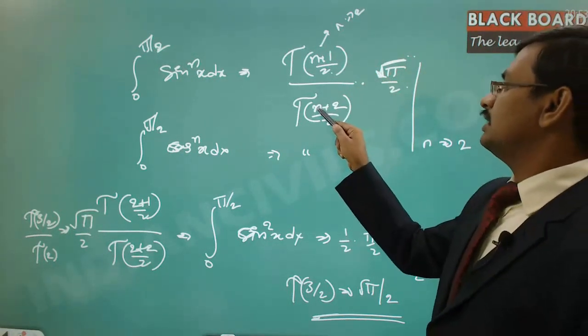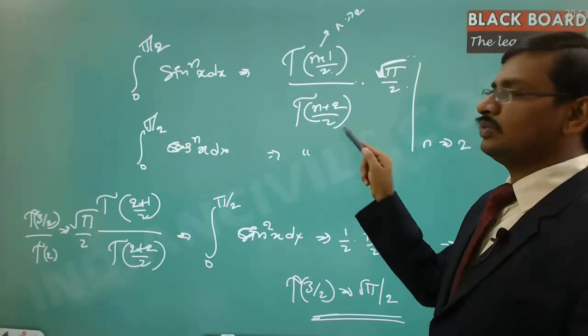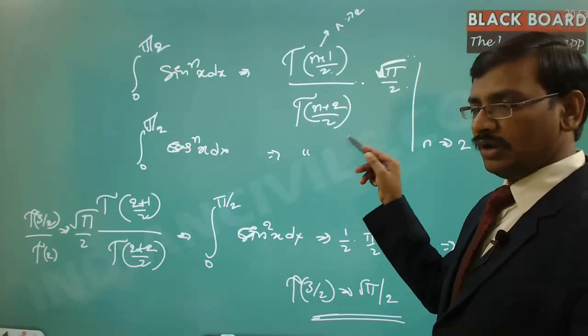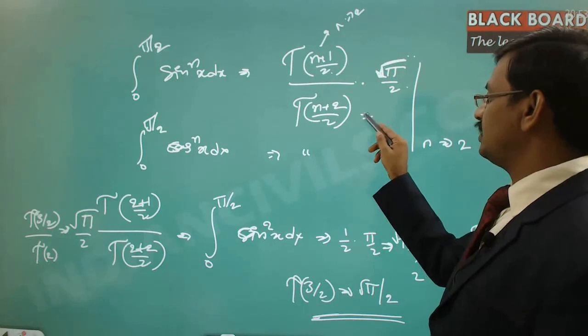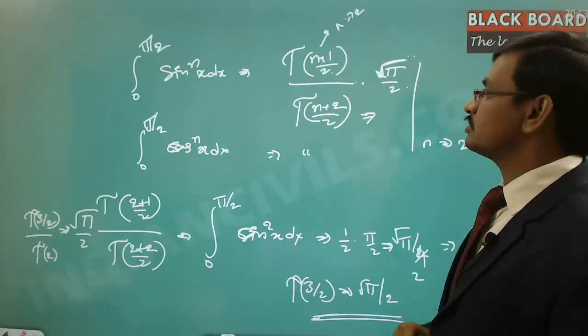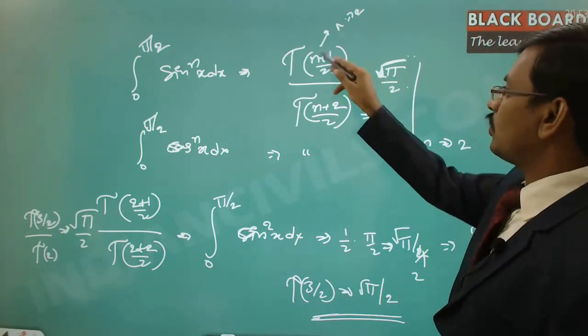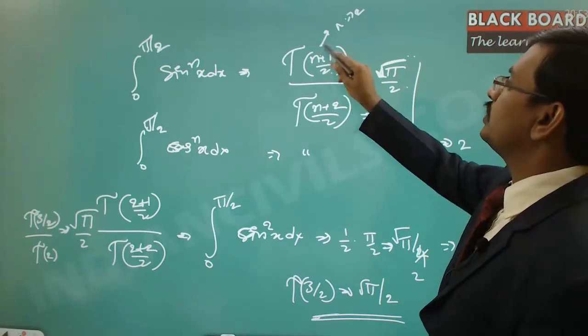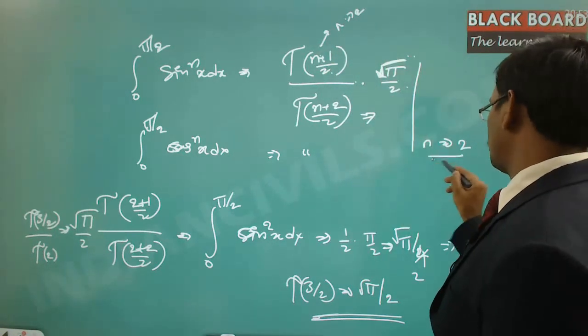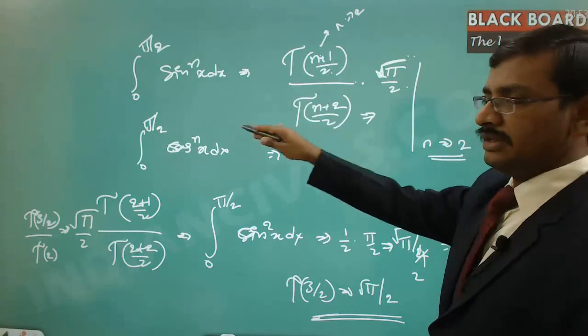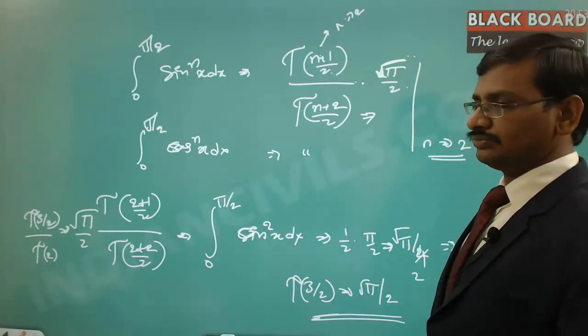So here, 2 plus 2 by 2 is going to be gamma of 2, which is nothing but 1 factorial. And being an integer, it will simplify our problem statement. And this fraction, you wanted to identify gamma of 3 by 2, for which you need to select n is equal to 2. Hence we replaced n is equal to 2 on either side, and then we tried solving it. Got it?